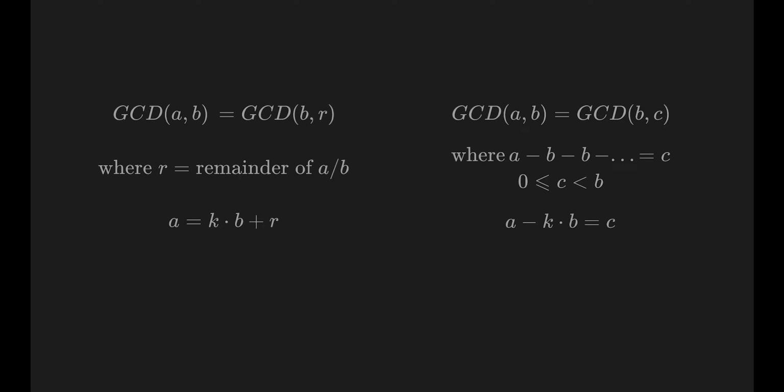But on the right, we're saying if you subtract b k times, you'll get a number smaller than b, which is c. Rearranging the expressions, we see that c and r are exactly equal, which means the two versions that we've described, division/remainder and subtraction, are exactly equal.